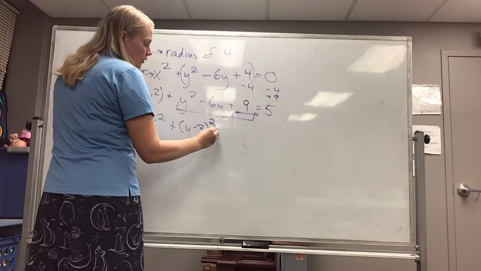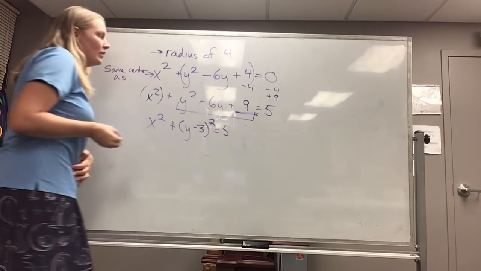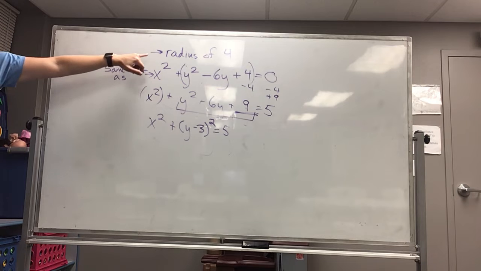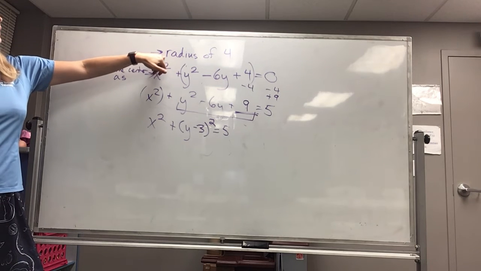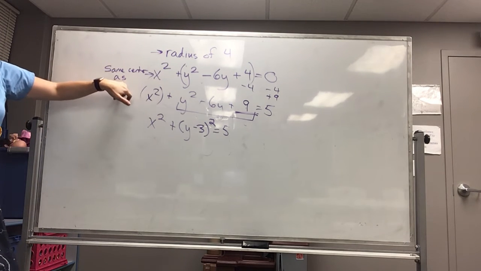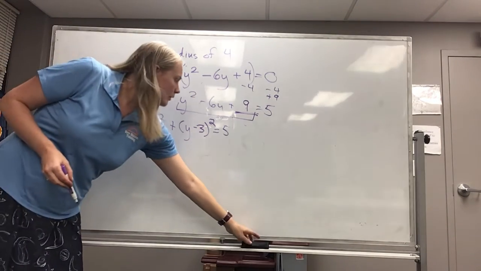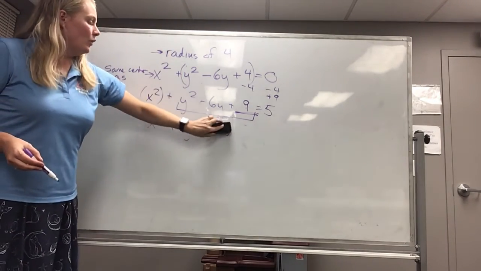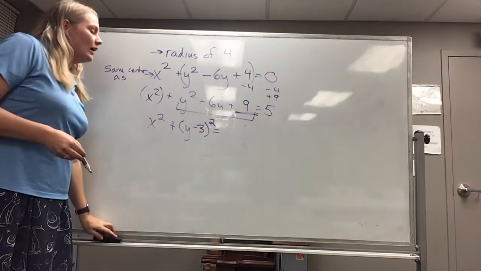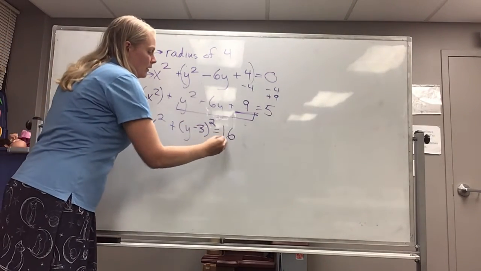And that is equal to 5, but that's not as important because they told us they want the circle with a radius of 4, but the same center as our equation. And so rather than 5, we're going to take our radius and square it and get that 16 again.